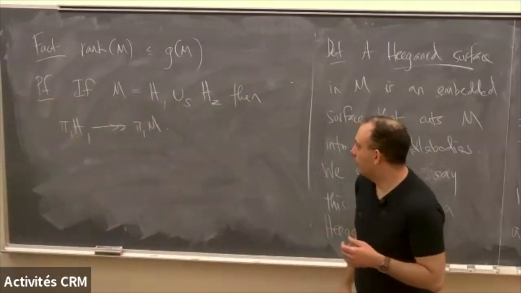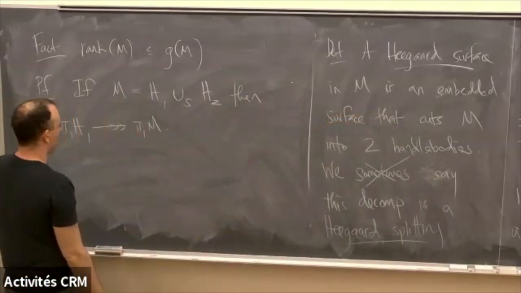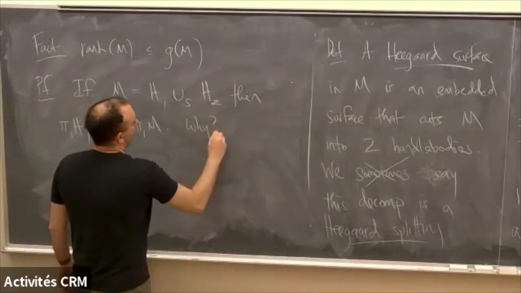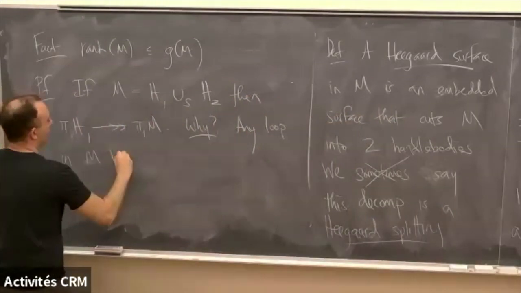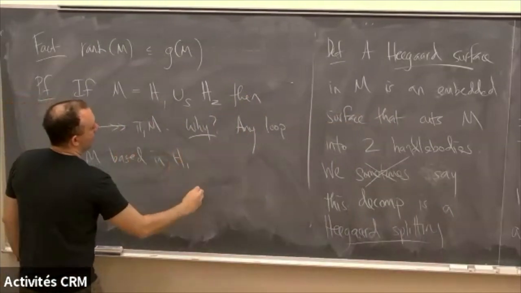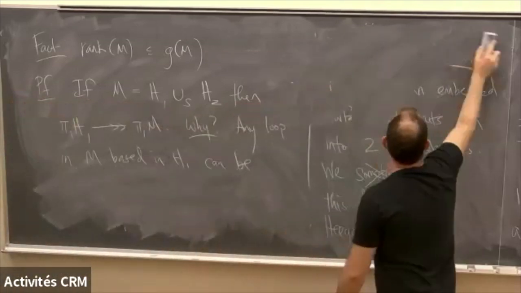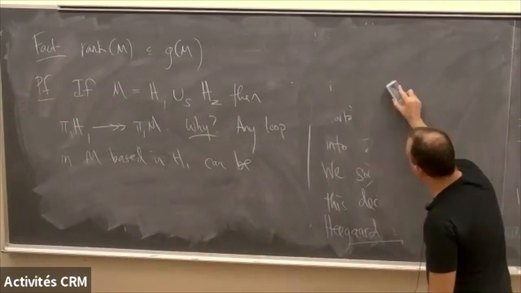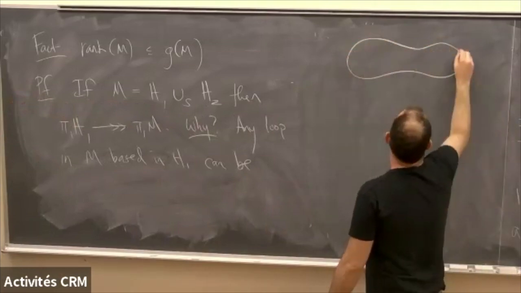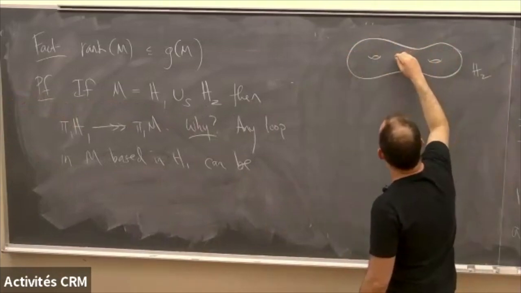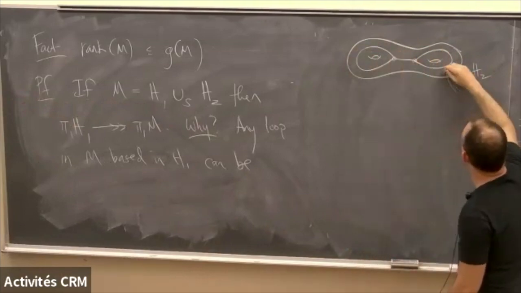And the reason for this is that any loop in M that's based in H1 can be perturbed off of a spine for H2 and then homotoped into H1. So here's a picture of H2, and I can draw a graph inside of H2.